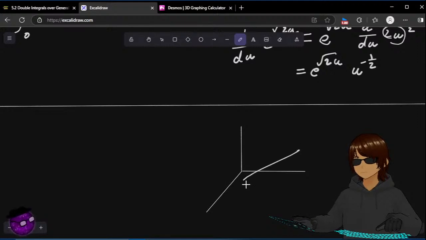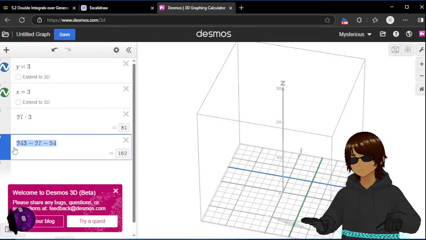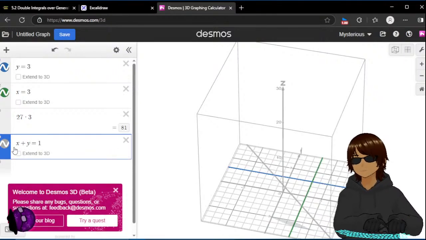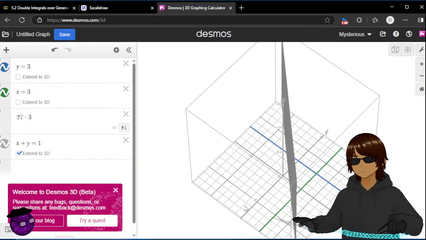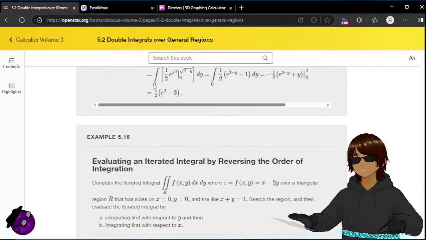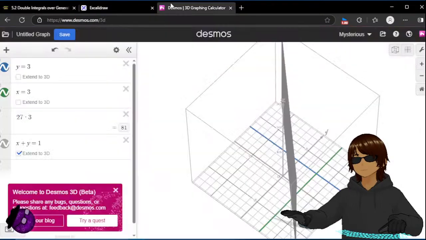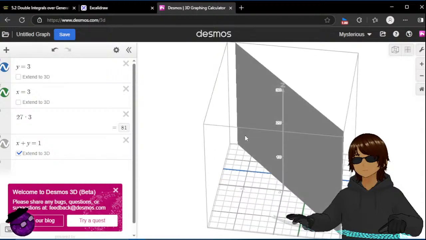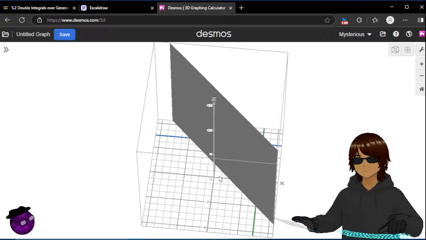I don't know how to draw it. x plus y equals 1, it's in 3D. How do you draw it in a 3D plane? So we have this region, this triangular region.